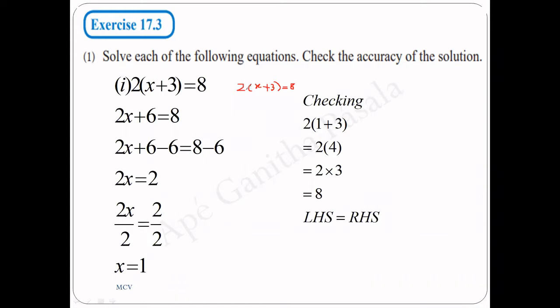There's a multiplication in the middle: 2 multiplied by x plus 3. So if you want, you can divide that by 2. When you divide the left hand side by 2, then divide the right hand side also by 2. Then you can cancel out this 2. No need for brackets now, because there is no common factor here. 1 is the common factor, so no need to write it.